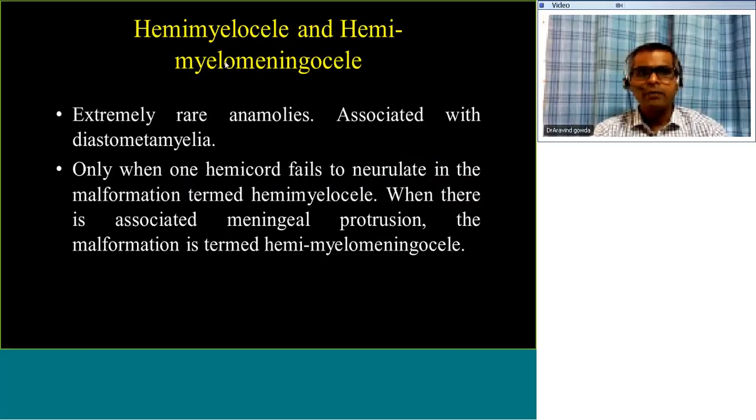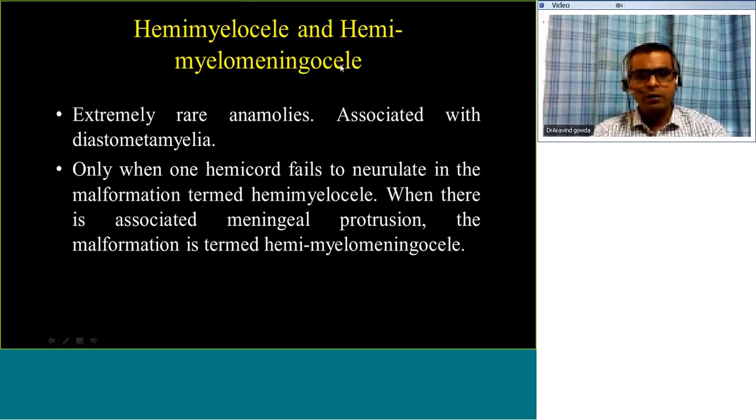The other thing is the hemimyelocele or a hemimyelomeningocele. This is similar to what I described earlier, myelocele or the myelomeningocele. Only thing here, there will be splitting of the cord, so there will be associated diastematomyelia. One arm of the cord may be normal, whereas the other arm of the cord may be associated with myelocele or hemimyelomeningocele.